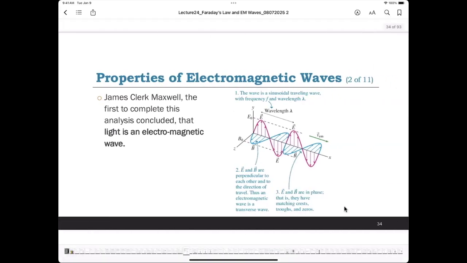Okay. And James Clerk Maxwell, the first to complete this analysis, concluded that light is an electromagnetic wave. When we talk about light, we know light has two different forms: one is a wave, the other is a ray. Am I right?